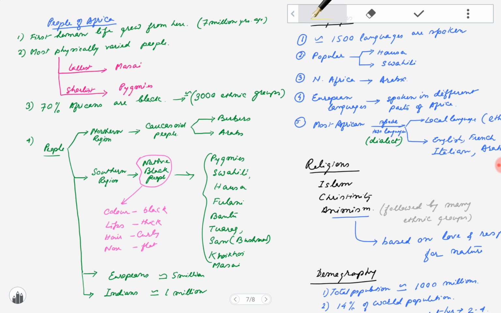Now, archaeologists, the scientists, have revealed that the first human life grew only in Africa about 7 million years ago, and 30% of Africans are black.